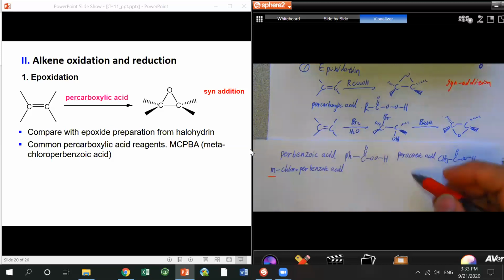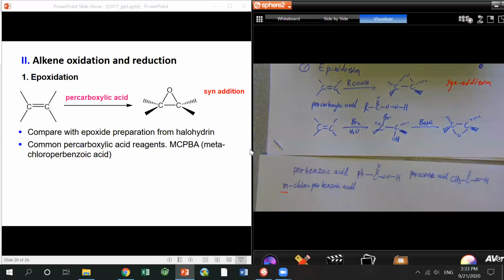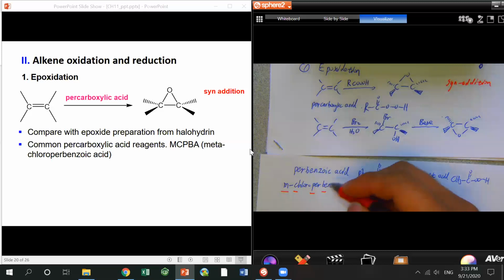Peracetic acid, P-E-R-A-C-E-T-I-C acid; just put PER before the acetic acid. And for this one, just add meta-chloro before benzoic acid. So meta-chloroperbenzoic acid is the new reagent now.